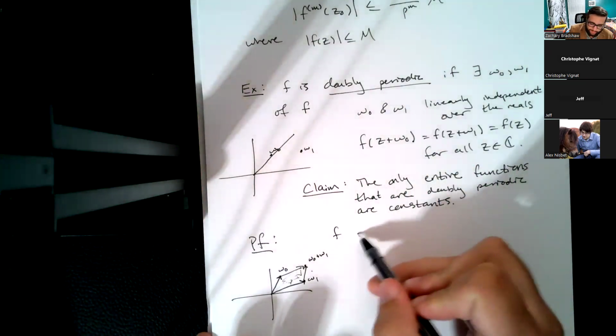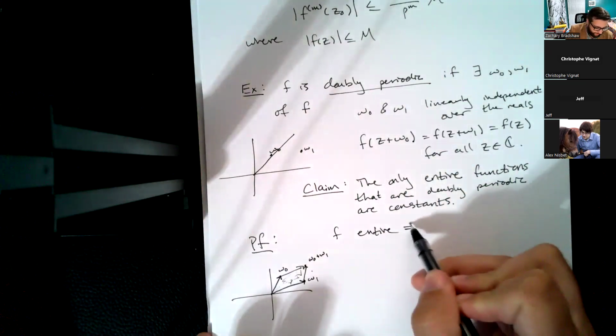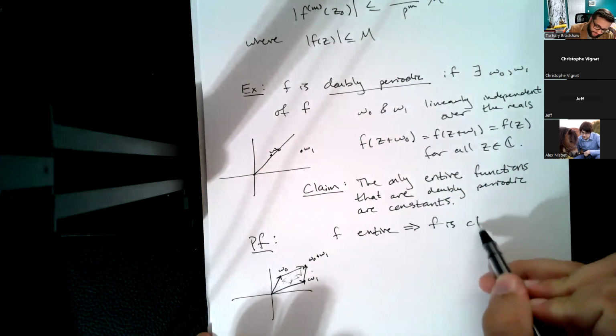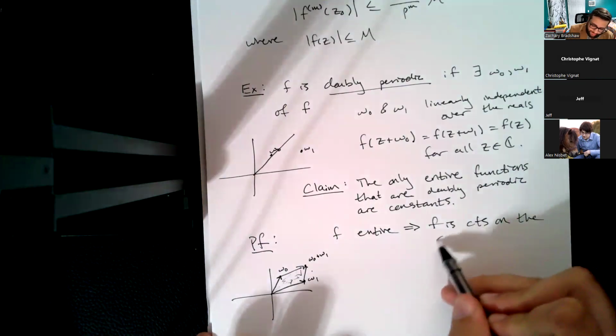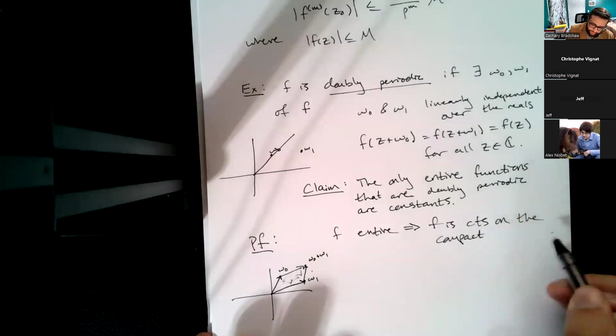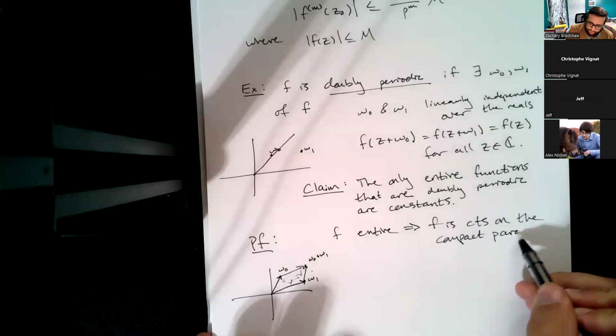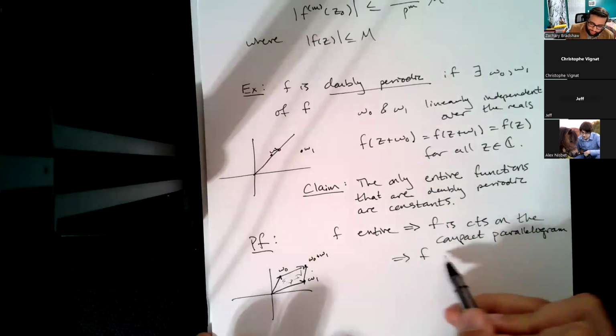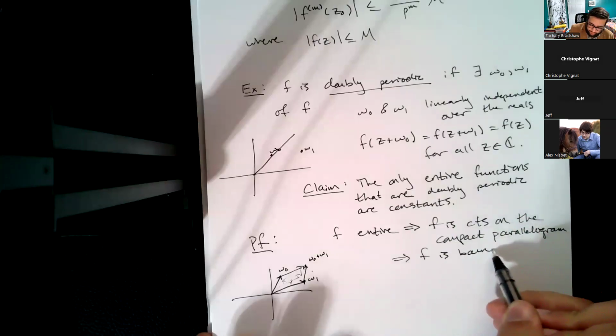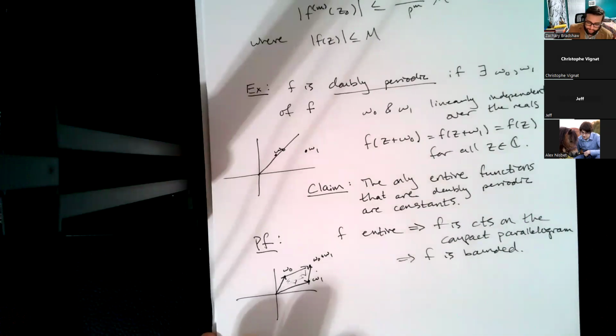So f entire implies f is continuous on the compact parallelogram. And so f is bounded. And that's it.